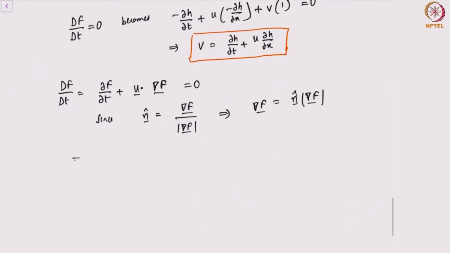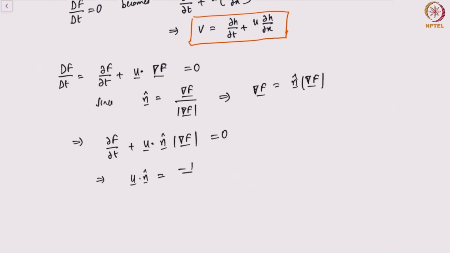If I substitute this, we have del f by del t plus u dot gradient of f can be replaced with n hat times the magnitude of gradient of f, and this is equal to 0. Or I simply have u dot n will be minus 1 by the magnitude of gradient of f times the local changes in time for f, the partial derivative of f with respect to time.